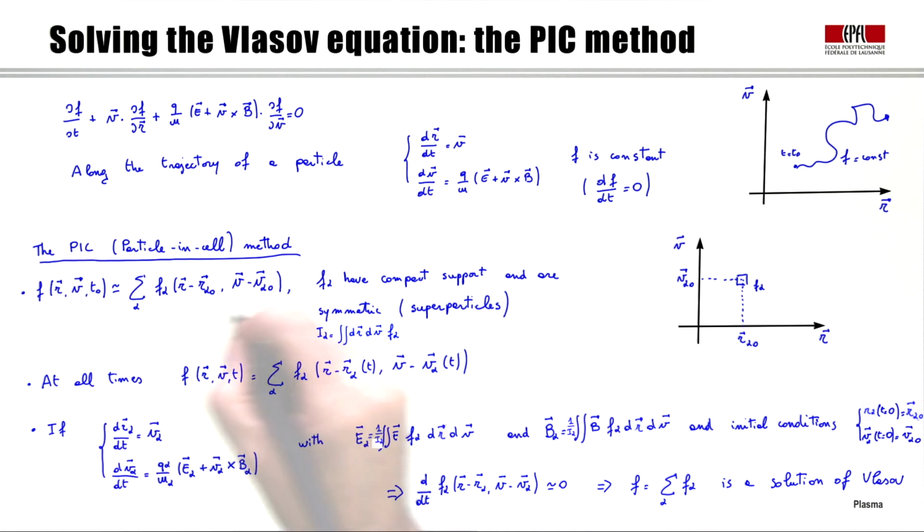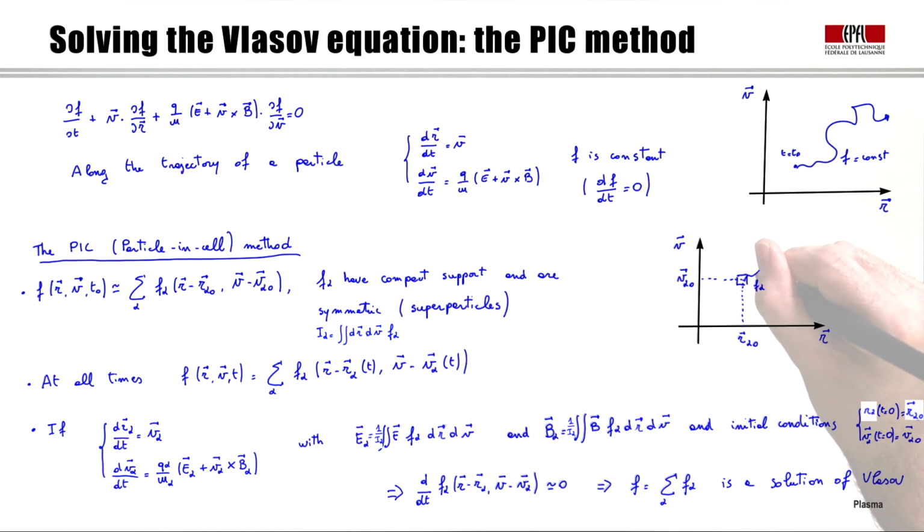In other terms, how does the particle in cell method work? Well, what one has to find are the R alpha and V alpha that satisfy the equation of motion that I have written, starting with the following initial condition, which means basically to follow a certain trajectory.